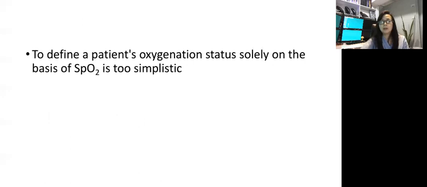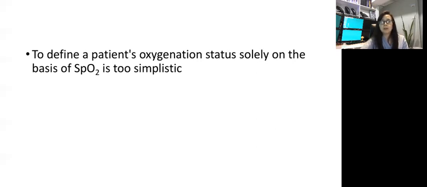So to define a patient's oxygenation status solely on the basis of SpO2 is too simplistic, given that there are several etiologies of hypoxia. In addition to SpO2 as a surrogate marker of tissue oxygenation, tissue oxygen delivery and consumption should be assessed to guide supplemental oxygen administration to the individual acutely ill patient.